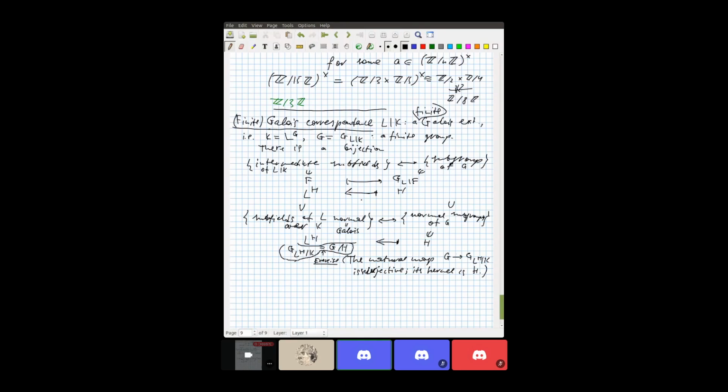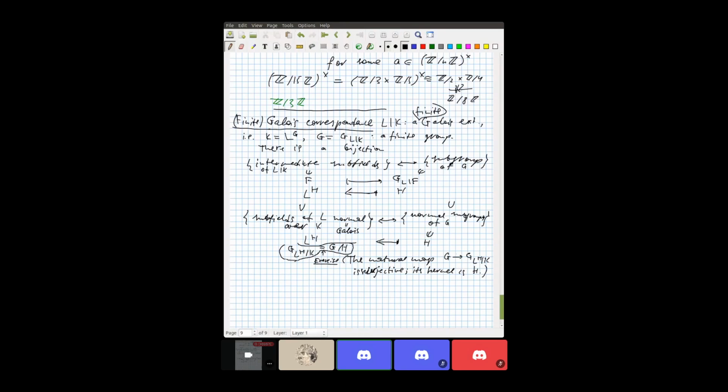And in the case of abelian extensions, of course, any subgroup is normal, so you should not care about normality of your subgroups. So the question is how to.